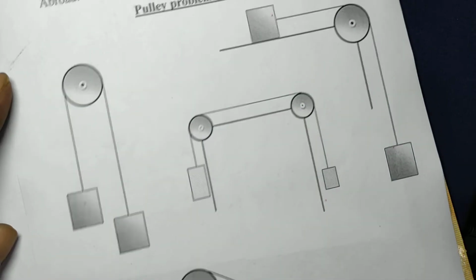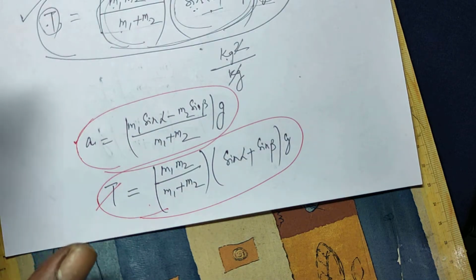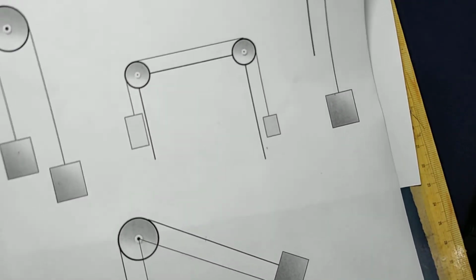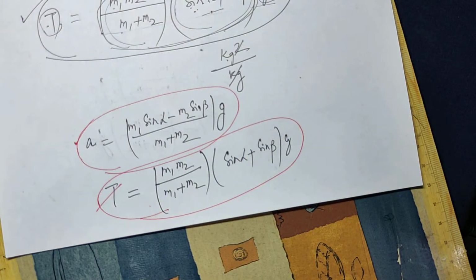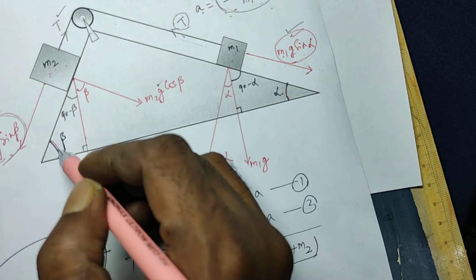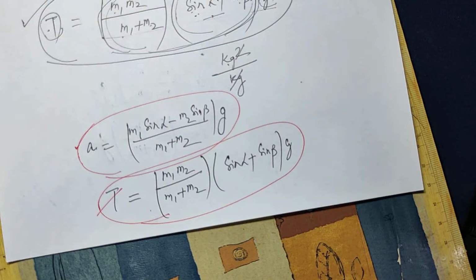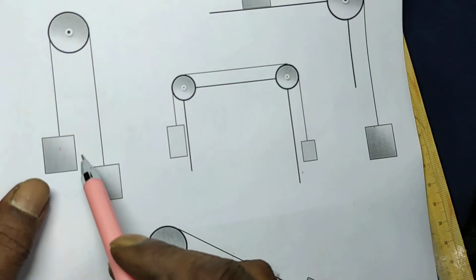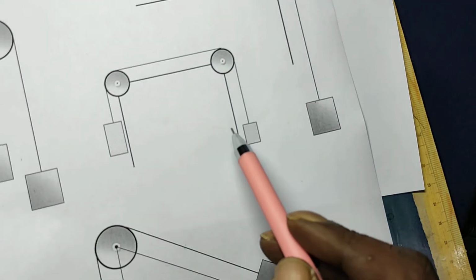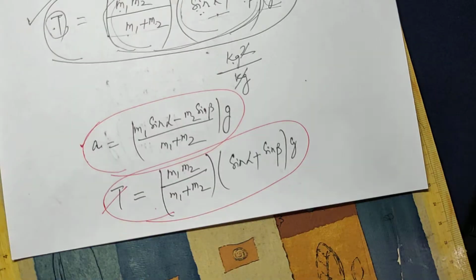Now you can straightaway use these equations by doing some modifications in the angles. Now what modifications have to take place in these two angles, alpha and beta, to arrive here, and for this system I have to explain it, then it becomes pretty easy.